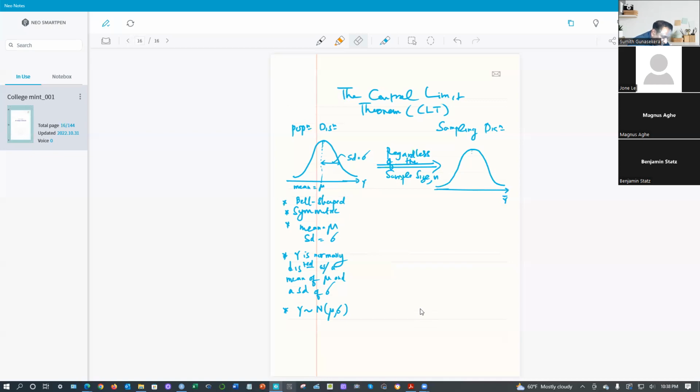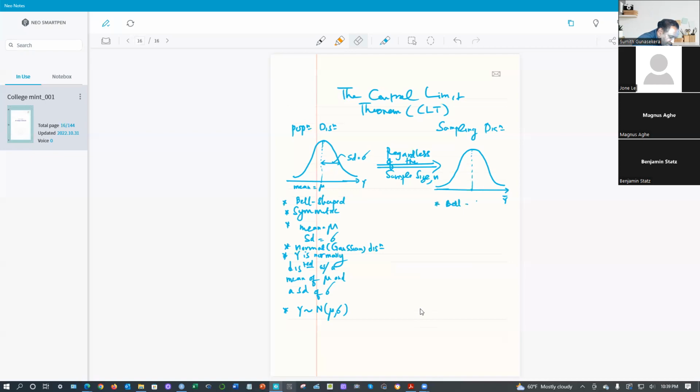If your population distribution is bell-shaped, that normal, or Gaussian, named after Carl Gauss, who is considered to be the father of mathematics, then regardless of the size, your sampling distribution is definitely bell-shaped.